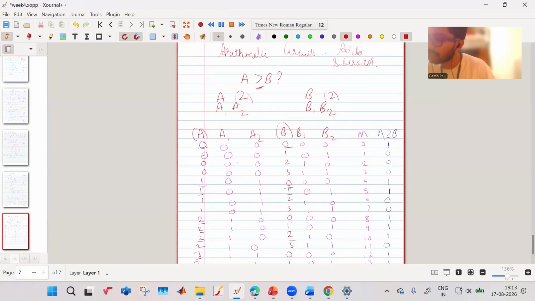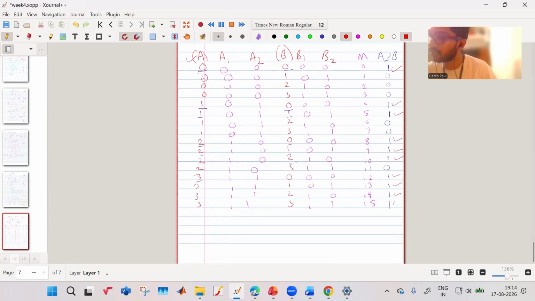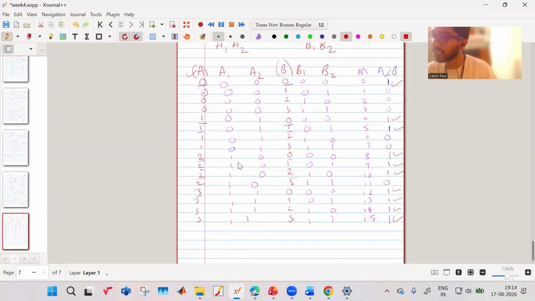Then you get the magnitude of A as 0, 1, 2, 3, and B also as 0, 1, 2, 3. Then you compare in which cases A is greater than or equal to B. So here you have 1s, and again here you have 1s. These are the various cases.